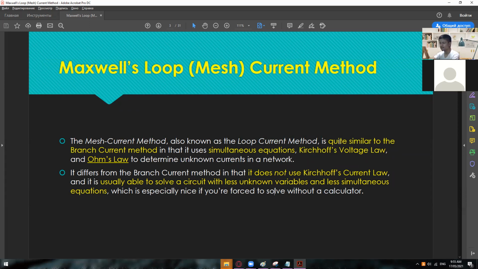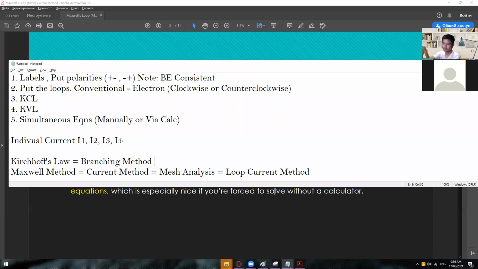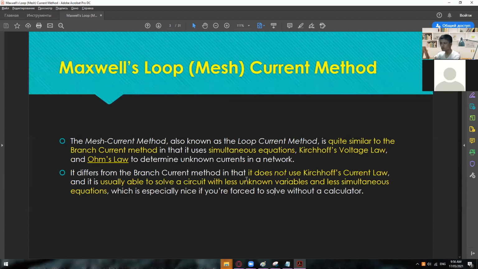So it says here that it's super similar. In fact, it's 90% similar with the KVL and KCL. It differs from the branch current method in that it does not use Kirchhoff's current law. So in Kirchhoff's law, we are using KVL and KCL. But in Maxwell, it's only using KVL, and only dealing with mesh loops, or just meshes so it's not confusing.